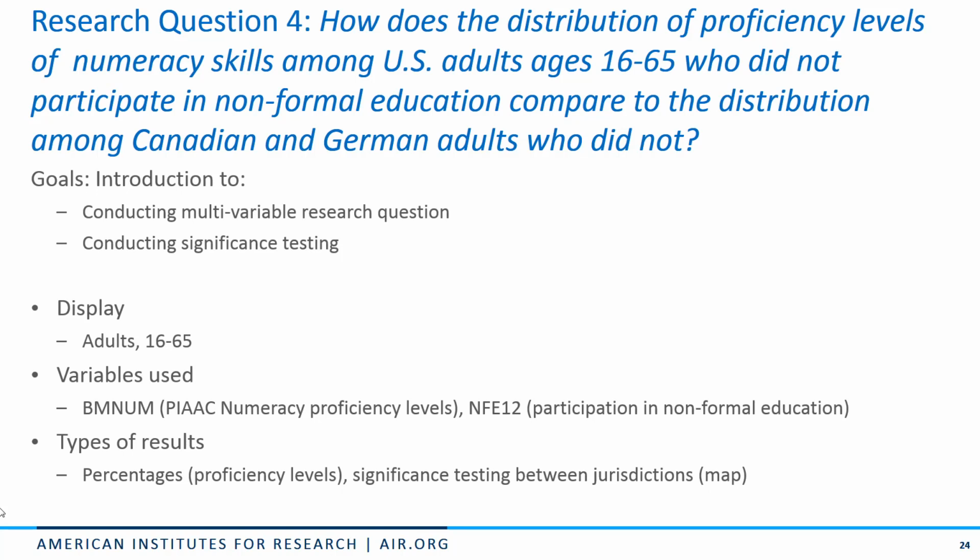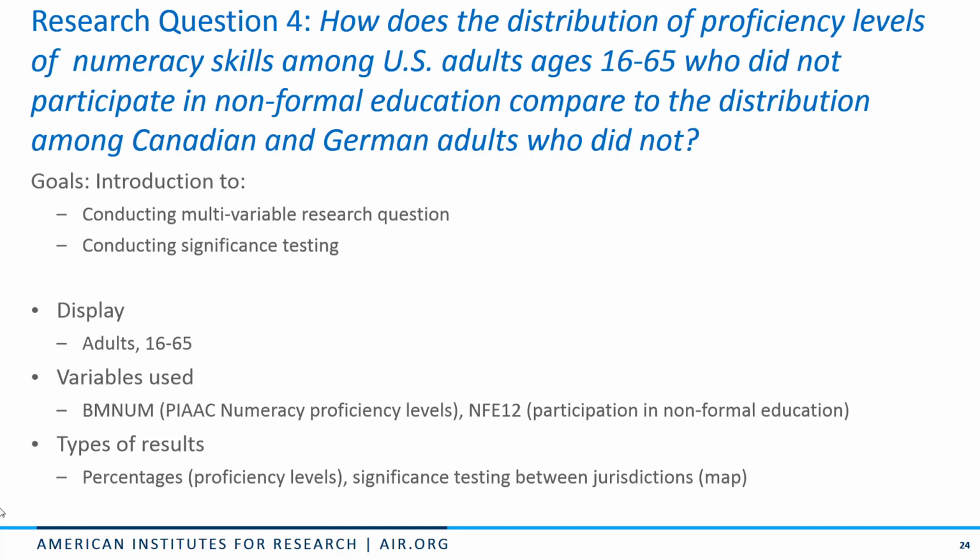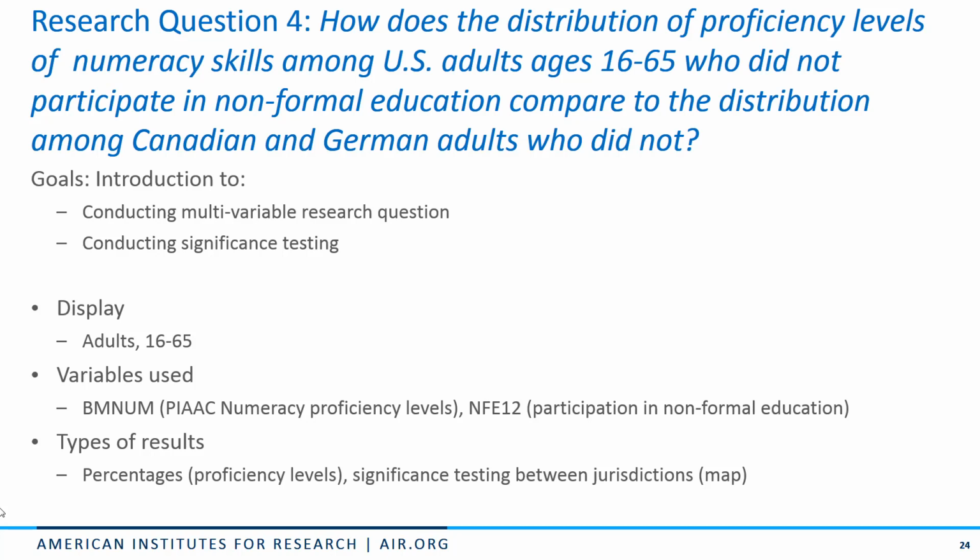This question involves percentage distribution of proficiency levels, like the second example, but in this question, we will introduce to you how to do analysis with multiple variables and how to display significance testing in a map format.